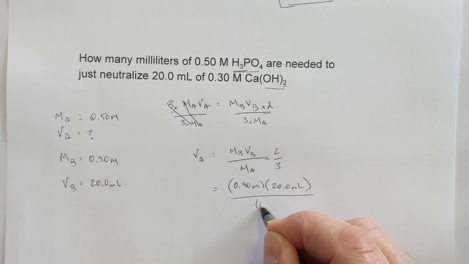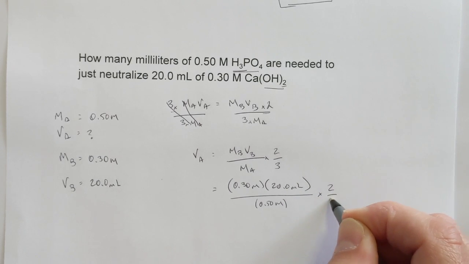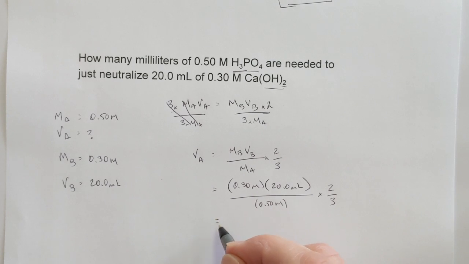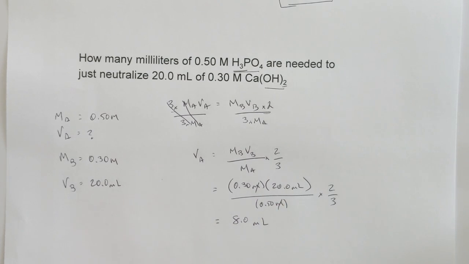Plug in our numbers from the side, not forgetting our factor for the different acid and base we've used, and that should give us an answer of 8.0 milliliters.